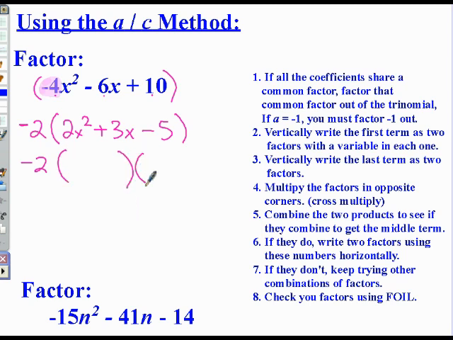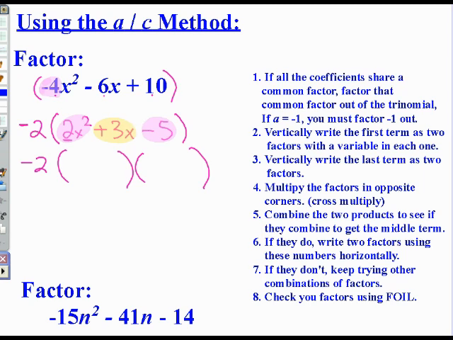So we want to get the two binomial factors that multiply to this quadratic trinomial. Since our a value is not positive 1, we're going to use the AC method. The AC method is about looking at the factors that multiply to the a term and the factors that multiply to the c term, and working with them until you get those factors to combine right to give you your b term.